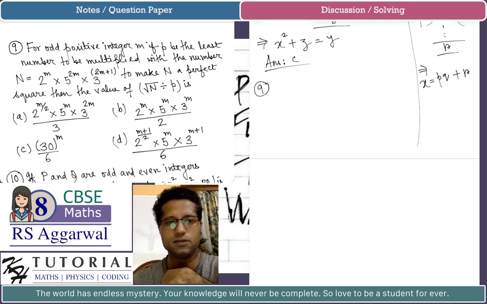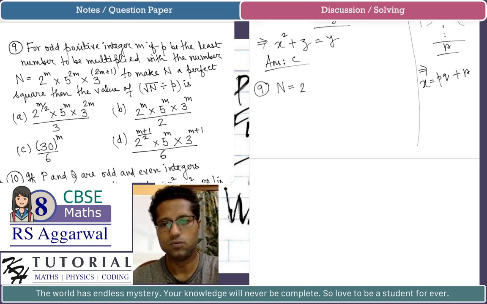and p is the least number to be multiplied with the number. So what is the number given? n equals 2 to the power m multiplied by 5 to the power twice m multiplied by 3 to the power twice m plus 1. So this is n.